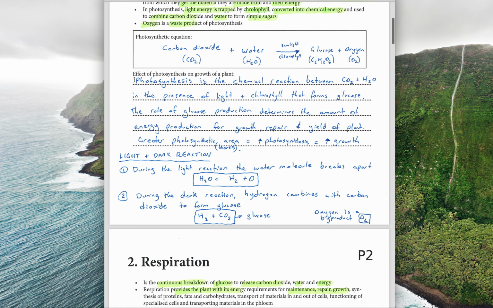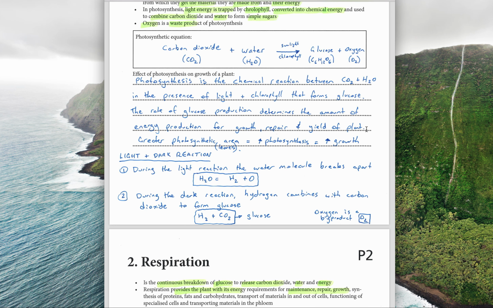The effect of photosynthesis on the growth of plants: obviously, it's creating all of the glucose, or energy, that the plant needs. Photosynthesis is the chemical reaction between carbon dioxide and water, with light present, and chlorophyll, that forms glucose. The rate of glucose production will determine how much energy the plant will have for growth, repair, and yield.